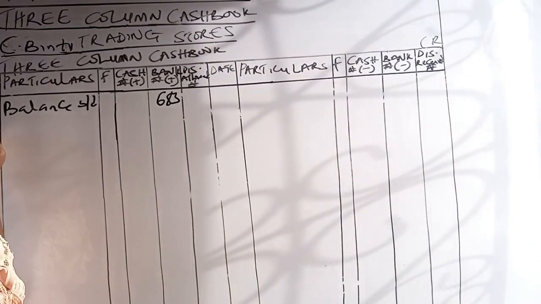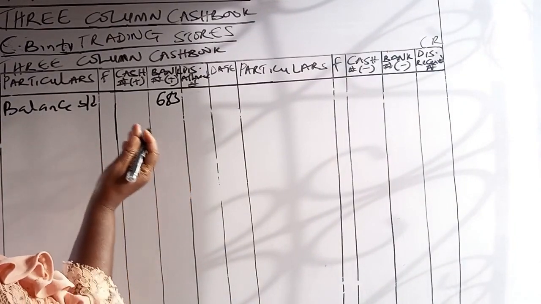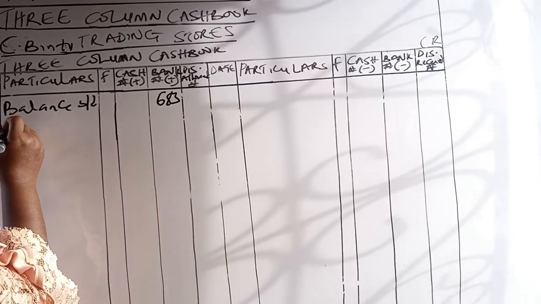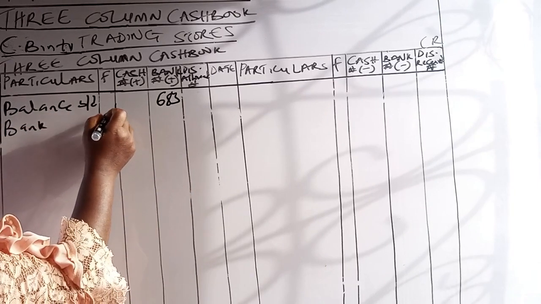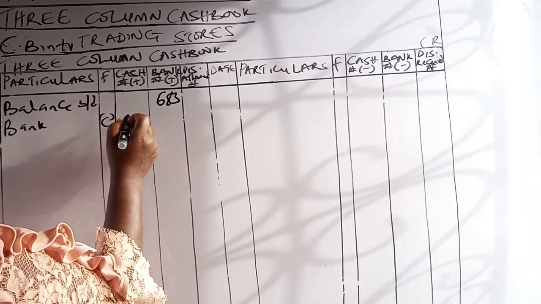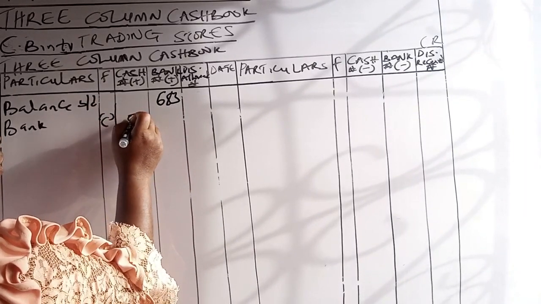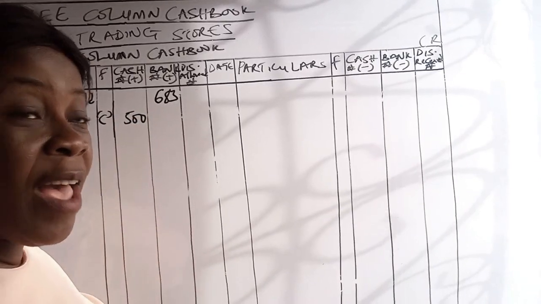So for date, we have 1st of January. Since the money was removed from bank into cash, in the particulars column we are putting bank. Then in the folio column we put a sign for contra entry. Then in the column for cash, since the money was moved into the cash account, we put the 500 naira in the cash account.